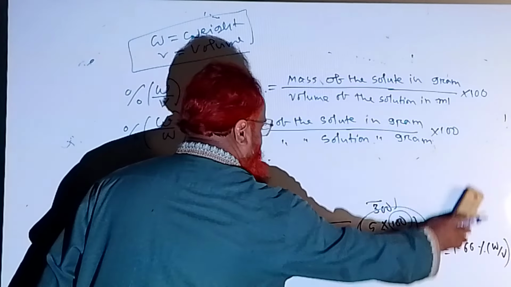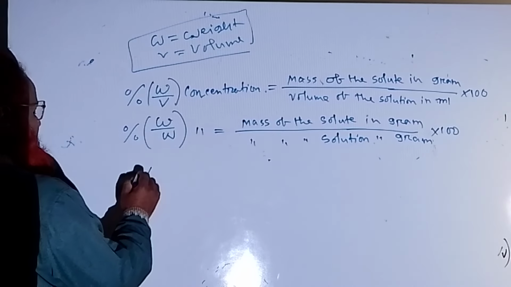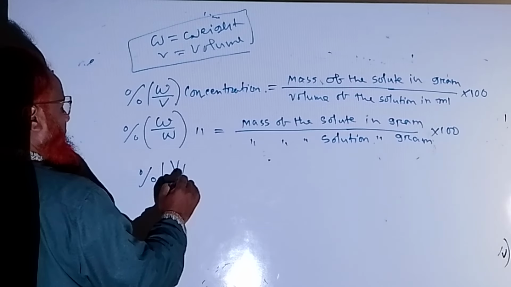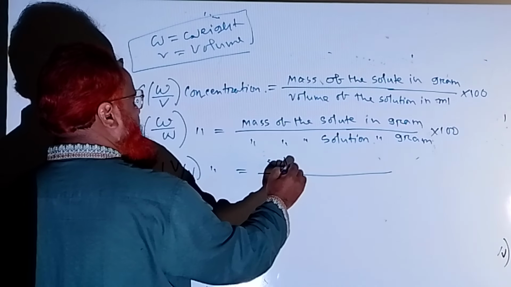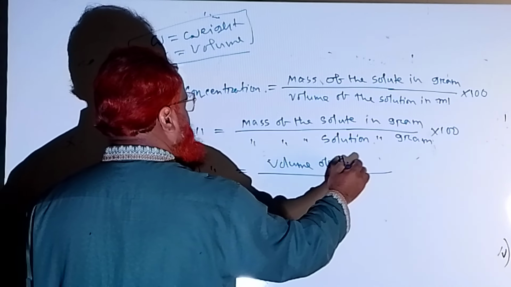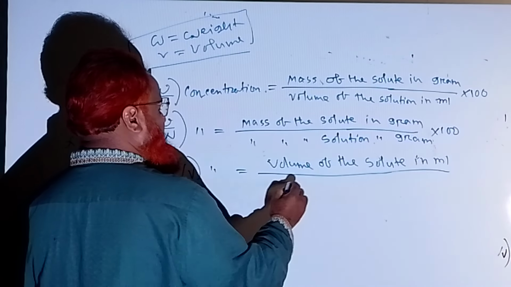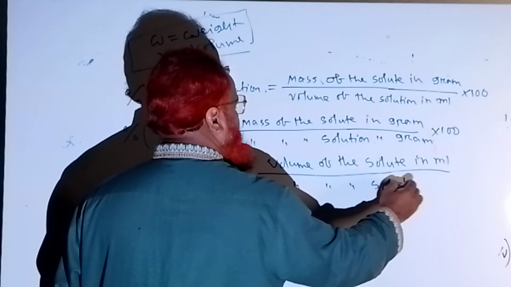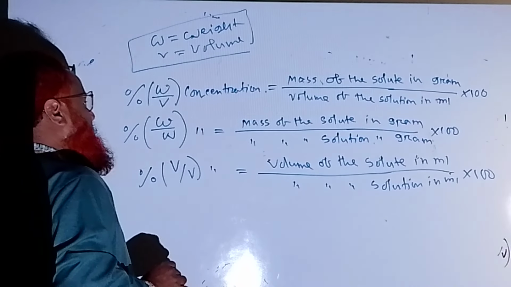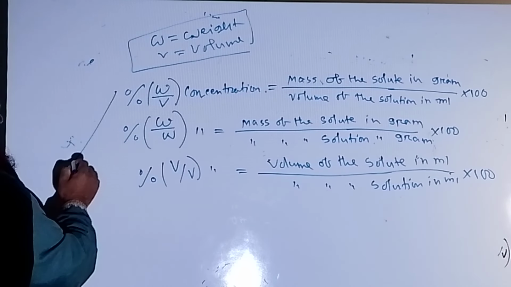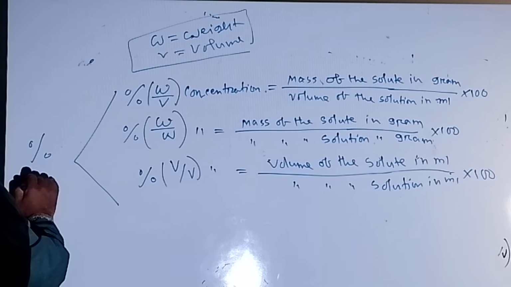Similarly, another expression is percentage V by V, volume by volume. What will be the expression here? Volume of the solute in ml divided by volume of the solution in ml, my dear student, multiplied by 100. So these are the three types of expression of percentage concentration.